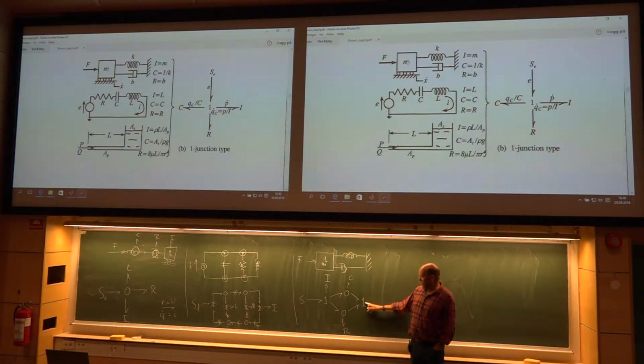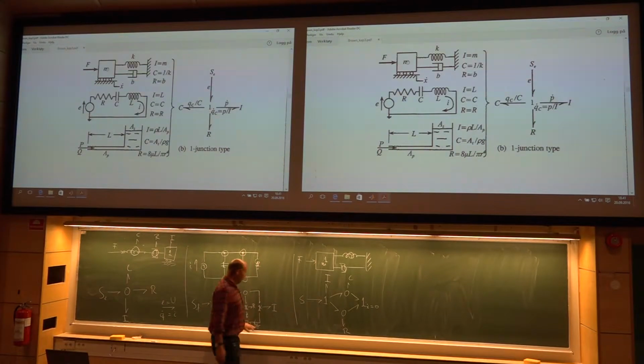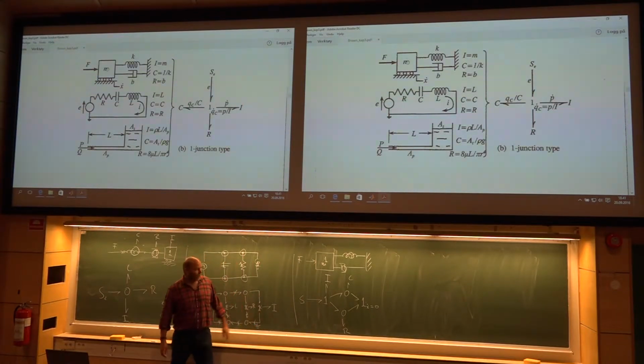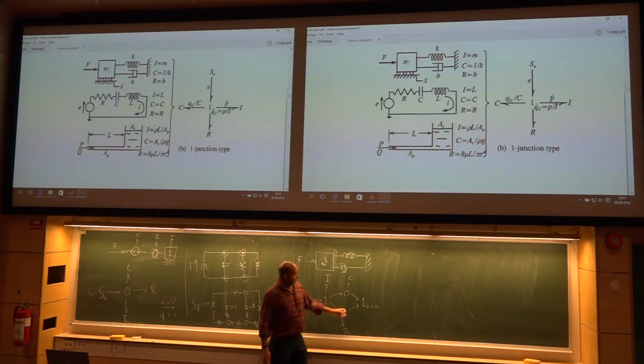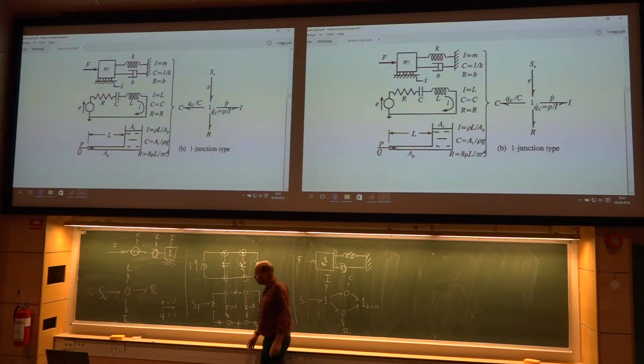But this is a solid wall. It doesn't move. So the velocity x dot is 0. Sort of the same as this ground level here. When the wall or this point doesn't move, it is attacked with a lot of forces. That's nice.